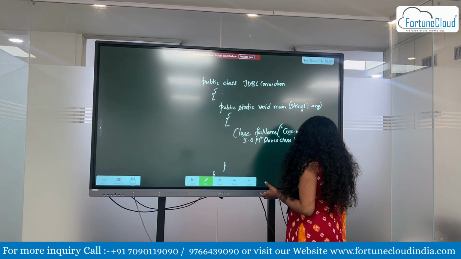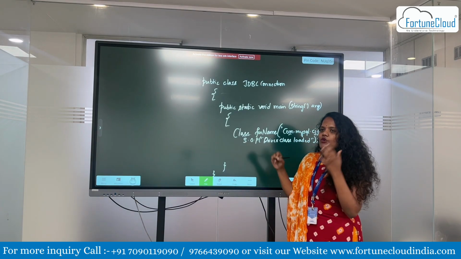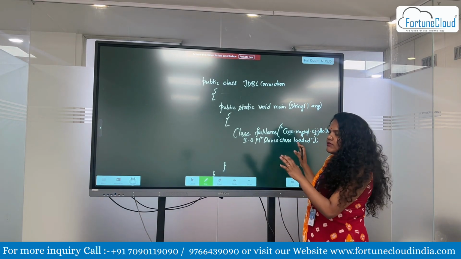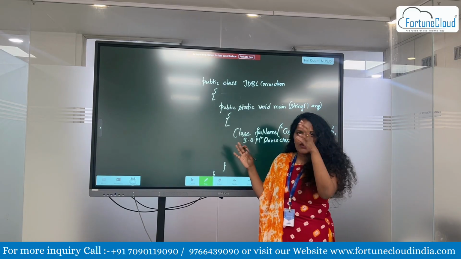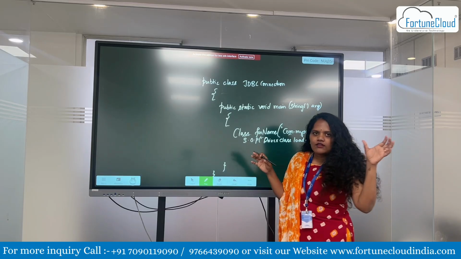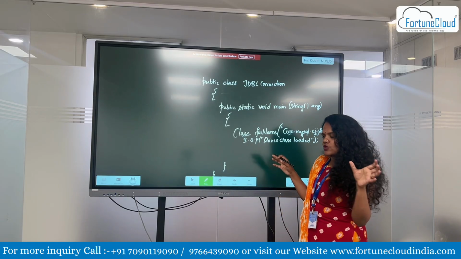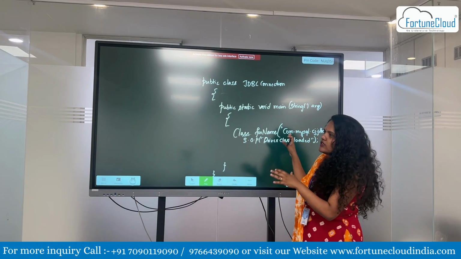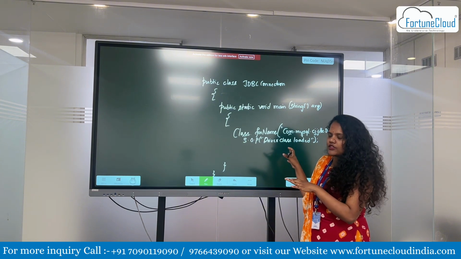Something like this. By this, I am going to establish the connection between our Java program, or from the RAM to the hard disk, where actually the database is situated. So I'm going to load the driver for that.